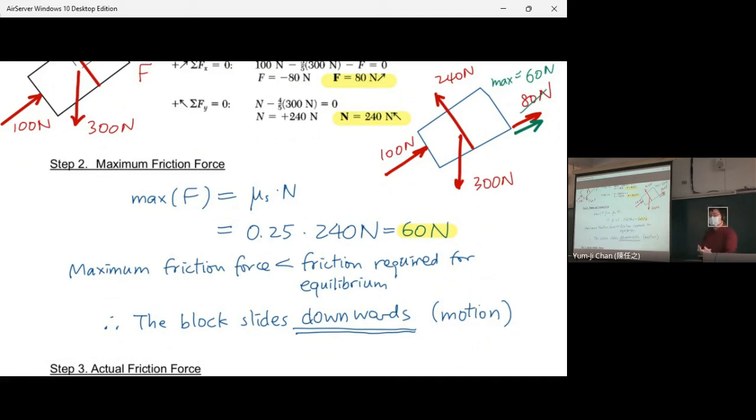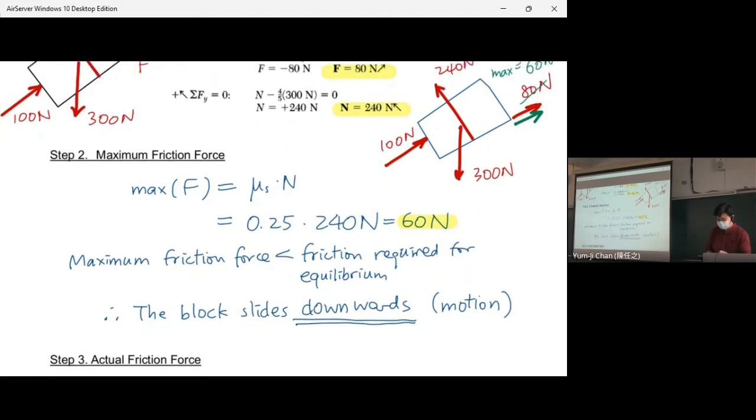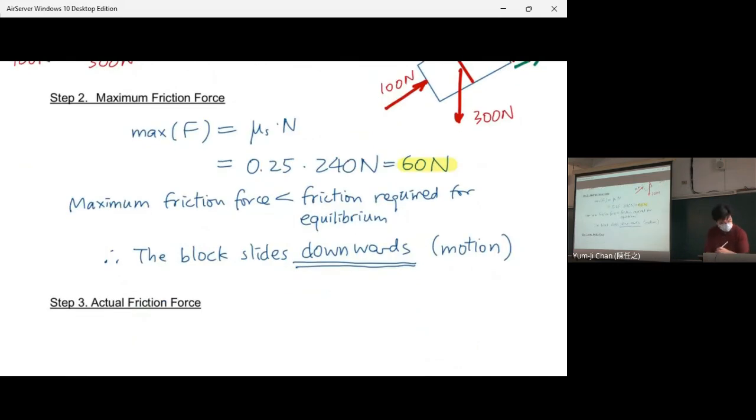Because if it has motion, the friction force is equal to what? Friction force is equal to mu k times R, which is 0.2 times 240 Newton, which is 48 Newton.